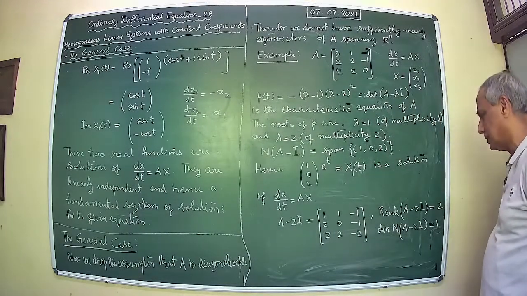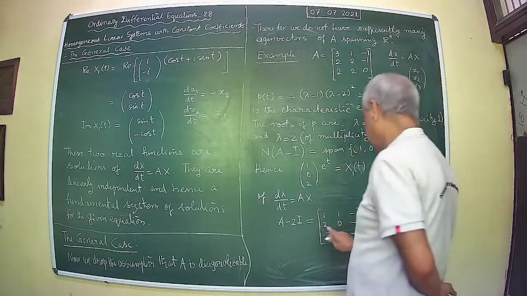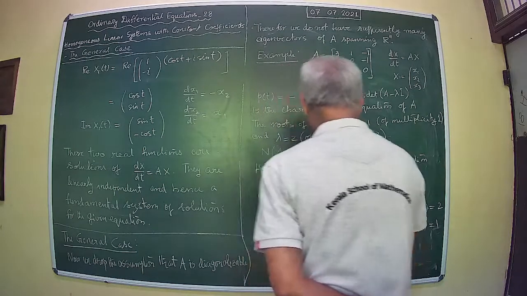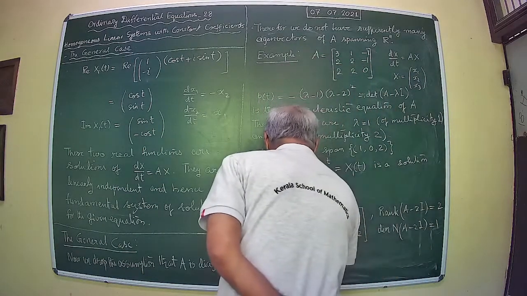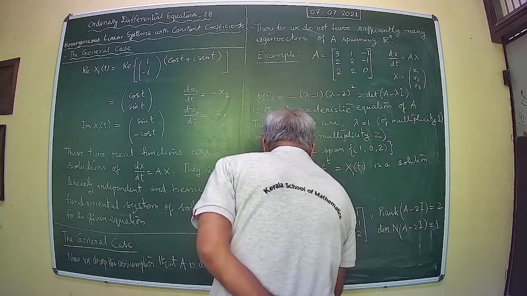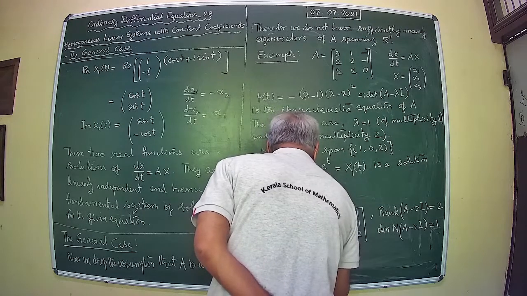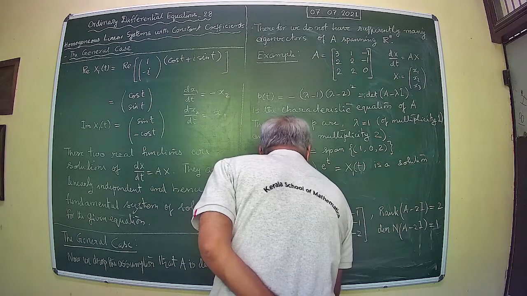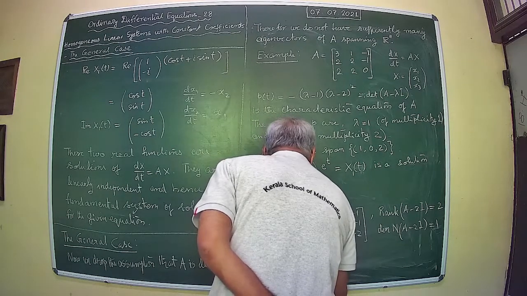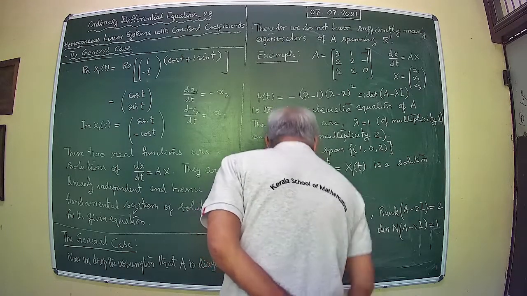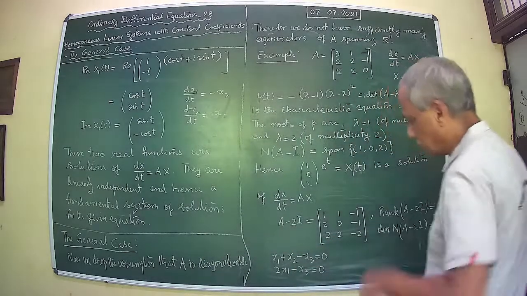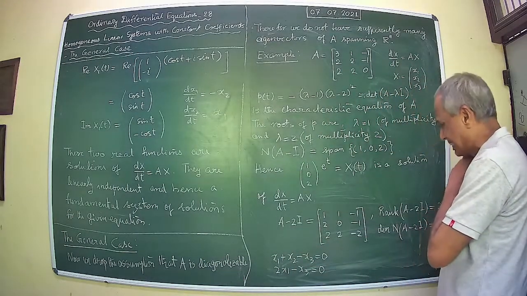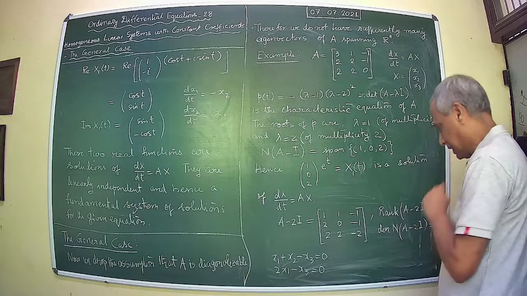That is quite easy to see, because all that you do is you have 2 equations: x1 plus x2 minus x3 equal to 0, and 2x1 minus x3 equal to 0. So let us take x1 equal to 1.